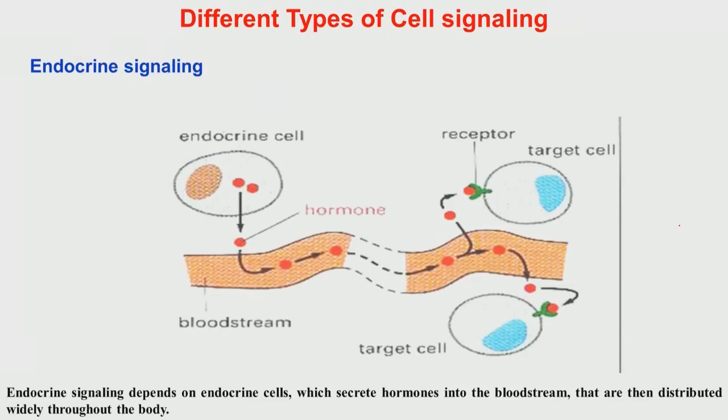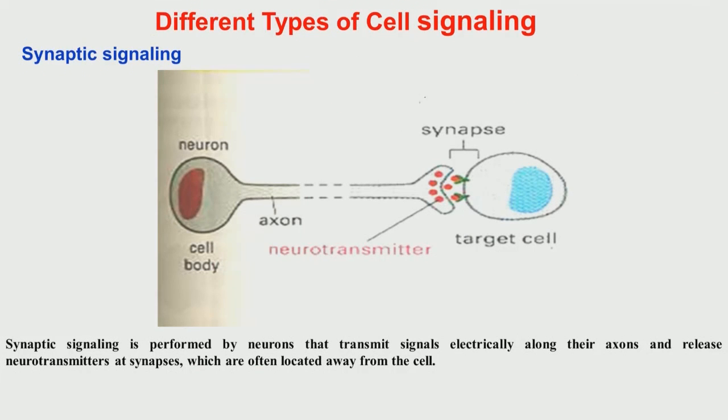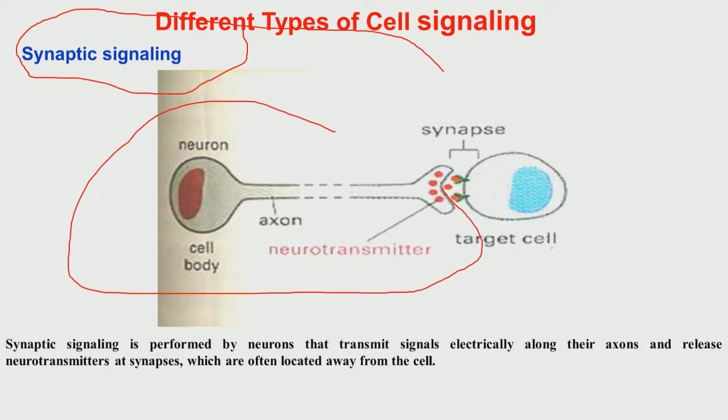This is another type of signaling process, called synaptic signaling. Synaptic signaling essentially means you have a neuron, which is a very long characteristic structure.